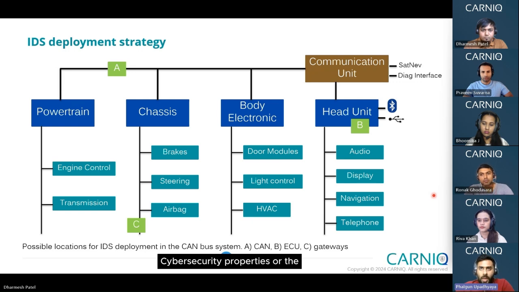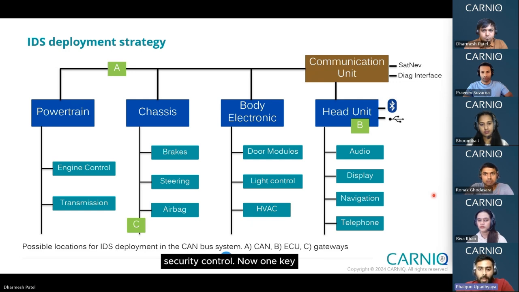Coming to the cybersecurity properties or, let's say, the threat methodology that you use, there are different methods that you use. Again, IDS itself will depend on the type of attack. So what kind of attack are you trying to address? Based on that, you would choose your intrusion detection system as your cybersecurity control.